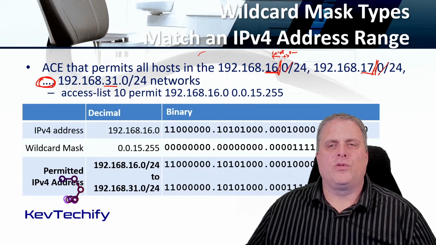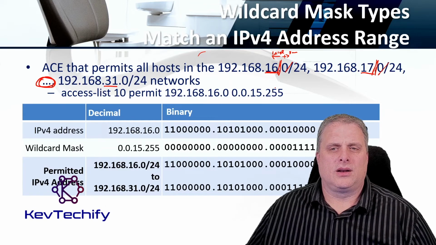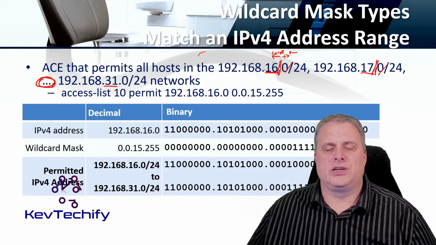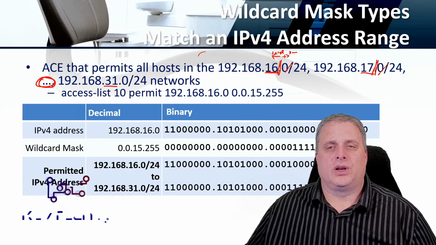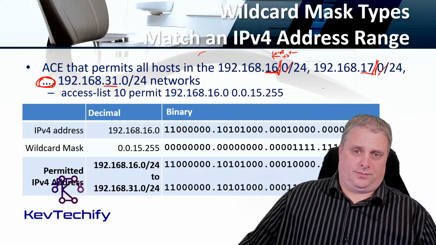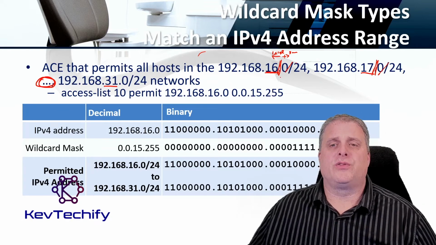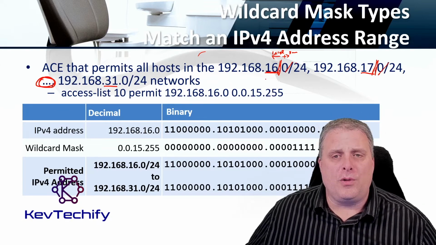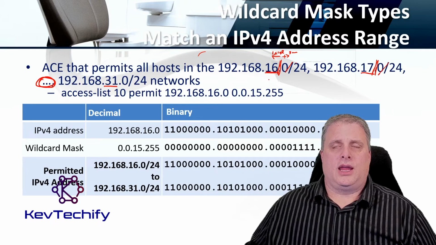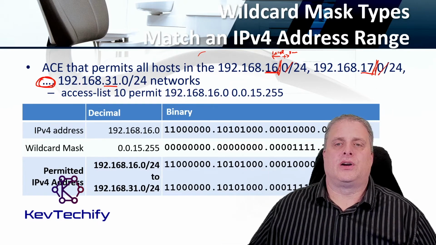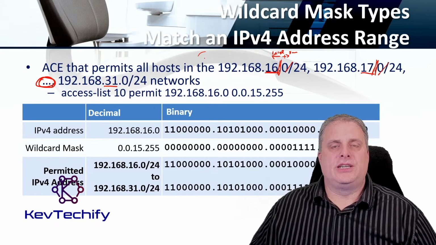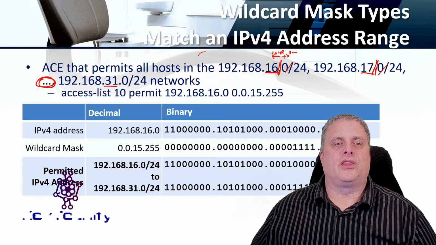If we move over 1 bit, it will cover 2 additional networks: 0 to 127, 128 to 254. Move 2 bits over, 3 bits over, and finally 4 bits over. It will allow us to cover 0 to 15, 16 to 31.